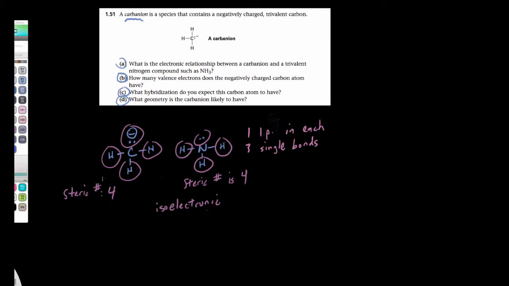So if the steric number is 4, that means that this molecule is sp3 hybridized, and the same with ammonia, right? And if something is sp3 hybridized, it has to be tetrahedral. And the same with ammonia.